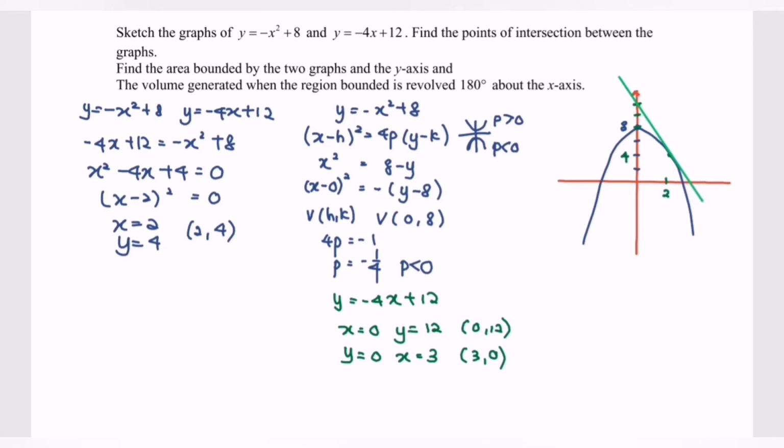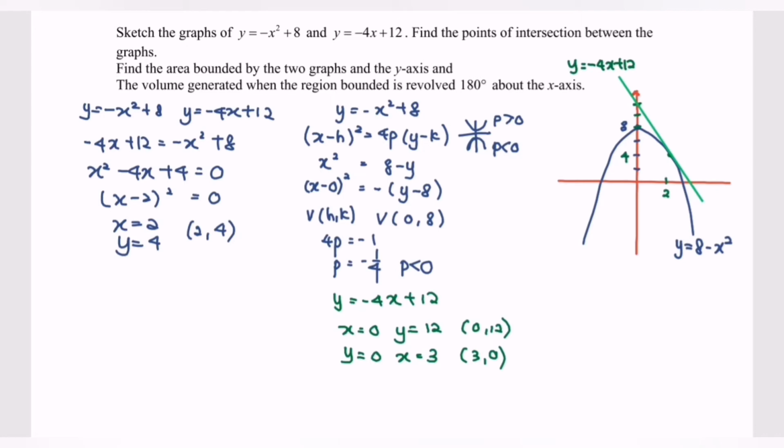Now kindly name the graph. y equals negative 4x plus 12. And we have another curve, y equals 8 minus x squared.